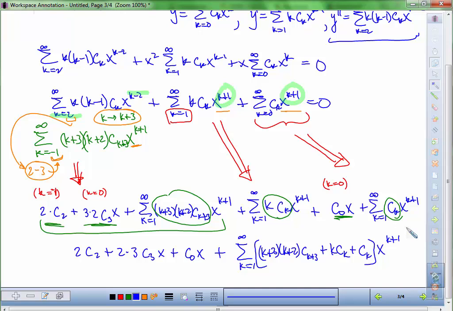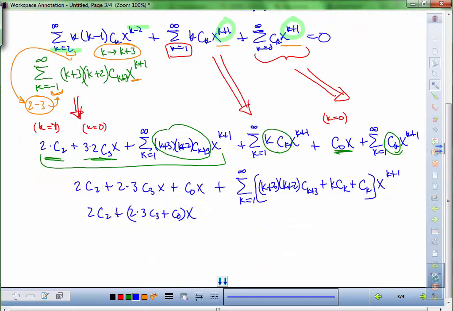So we have 2c2 plus 2 times 3 c3 plus c0, times x, plus this sum, k goes from 1 to infinity, (k plus 3)(k plus 2) c_(k plus 3) plus, and I'm just going to combine these two, (k plus 1) ck.